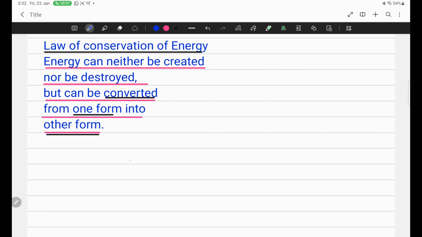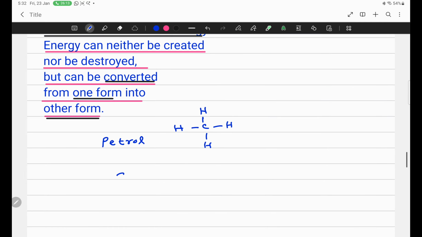For example, a generator is running by petrol, by a fuel. You know, fuel or petrol is a hydrocarbon. And if it is a hydrocarbon, then obviously this fuel contains chemical energy.